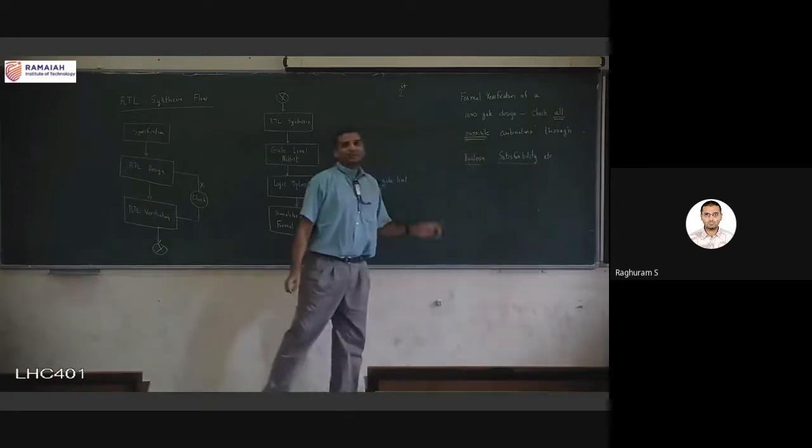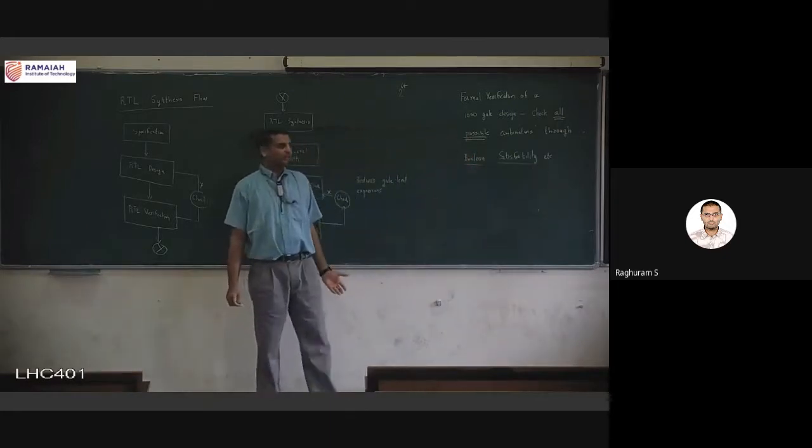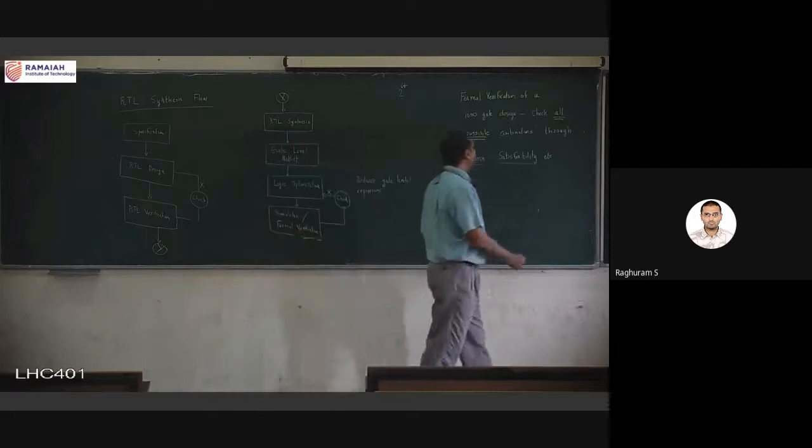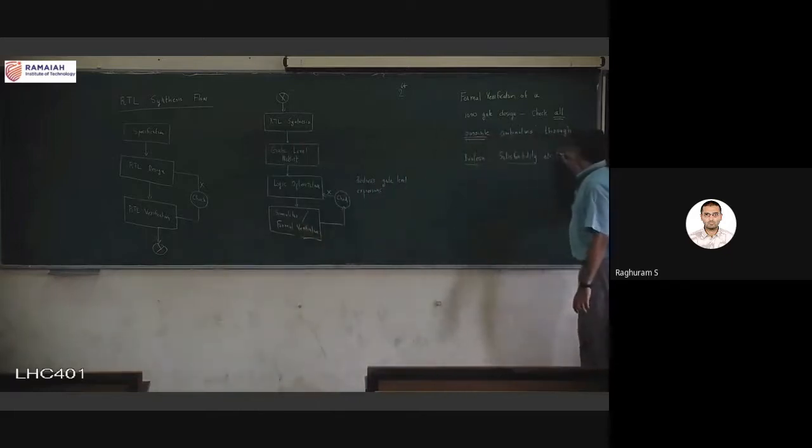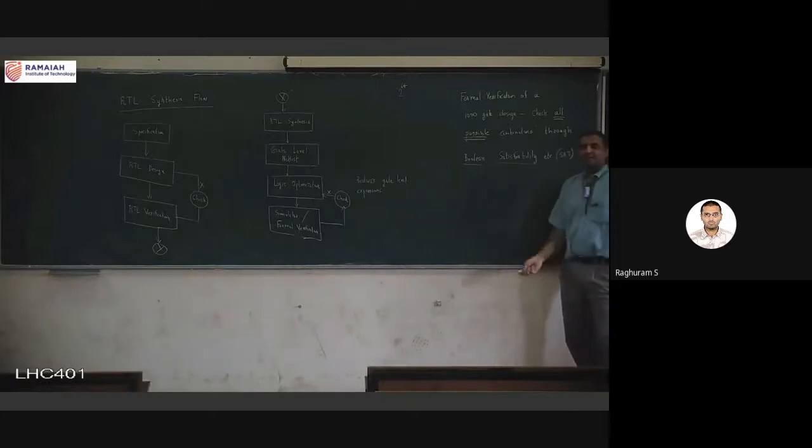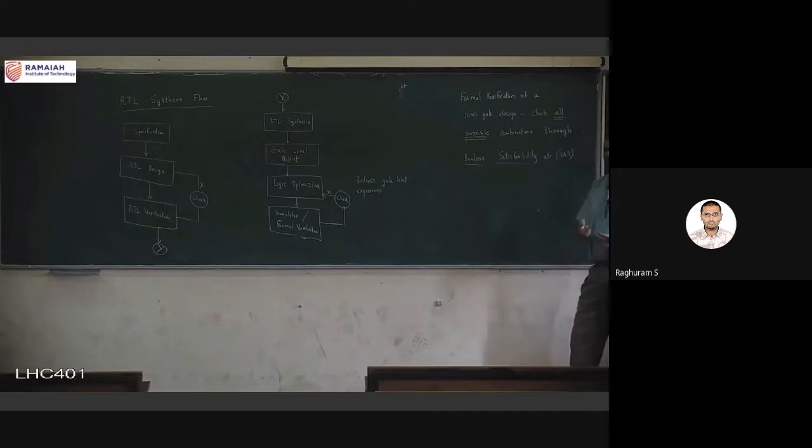Boolean satisfiability. What is the meaning of satisfiability? It's a very important problem in theoretical computer science. Not Saturday, satisfiability problem. What it does is ask questions about the state of different parts of the circuit.